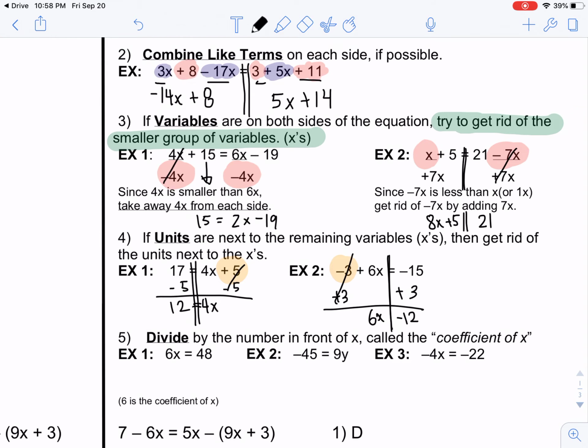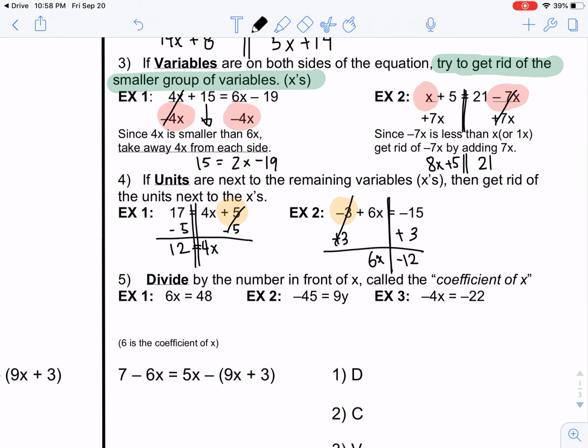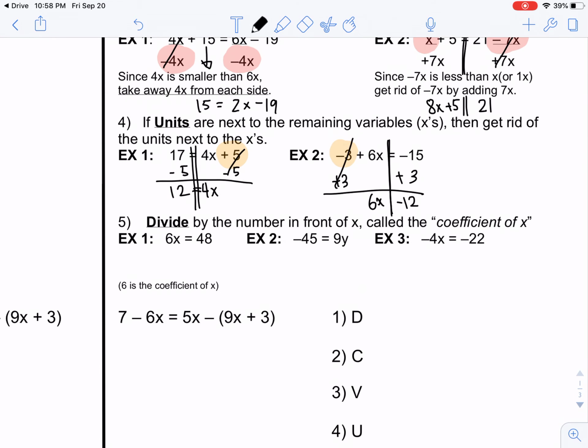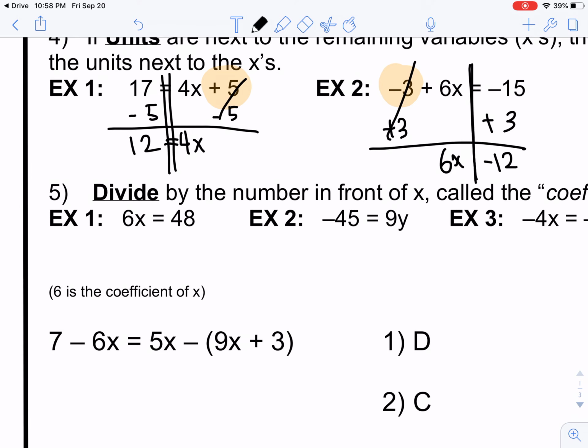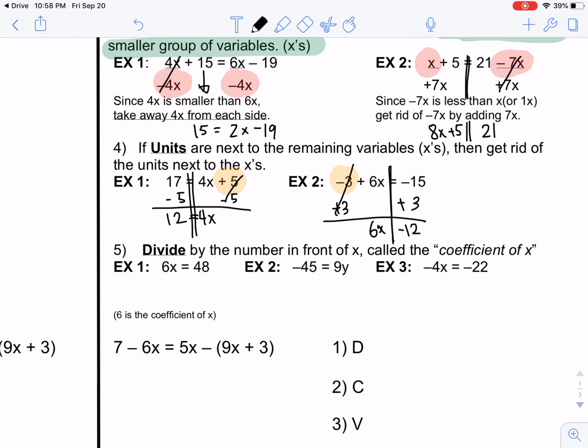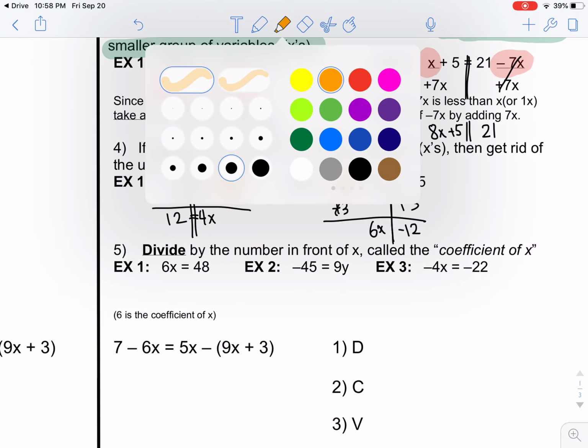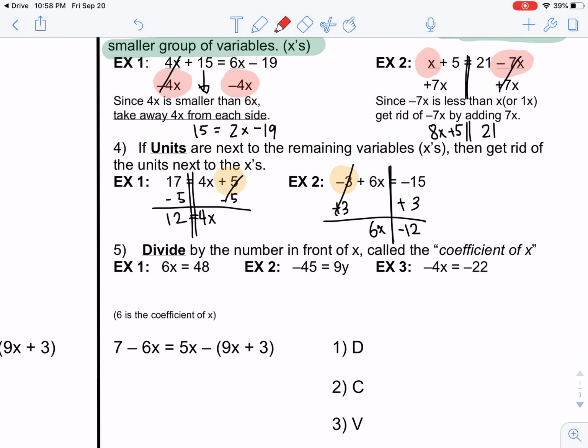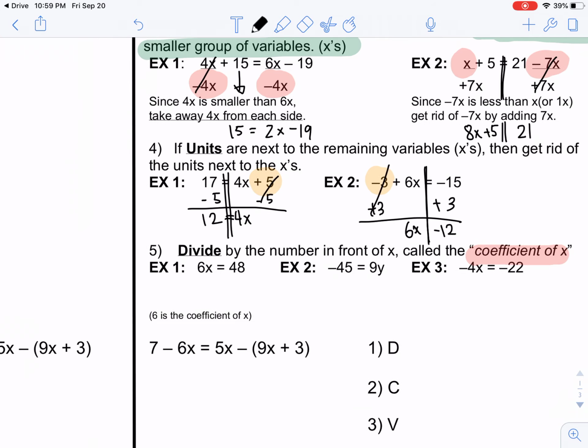So that's step 4. Step 5 is to divide by the number in front of the x, and that number is called the coefficient. It might be weird for you, but I would like you to say the word coefficient because it's a vocabulary word that is new. Coefficient. And the coefficient is the number in front of the x.